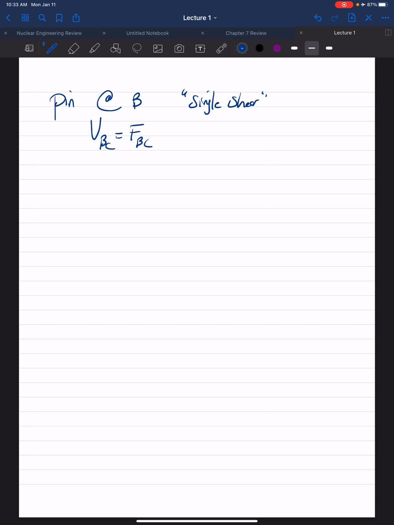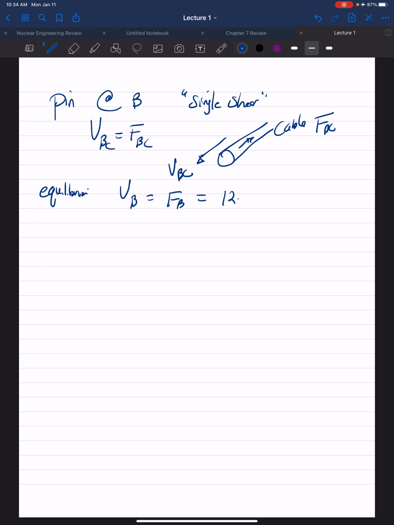What I mean by that is you had your cable FBC pulling this way, and it's supported by the beam, and since it's in equilibrium and single shear, then VB must equal FB. And we saw for FBC or FB as 12.5 kilonewtons earlier.